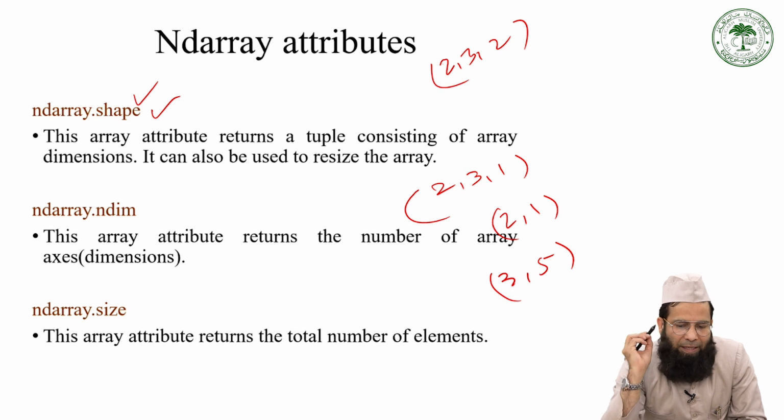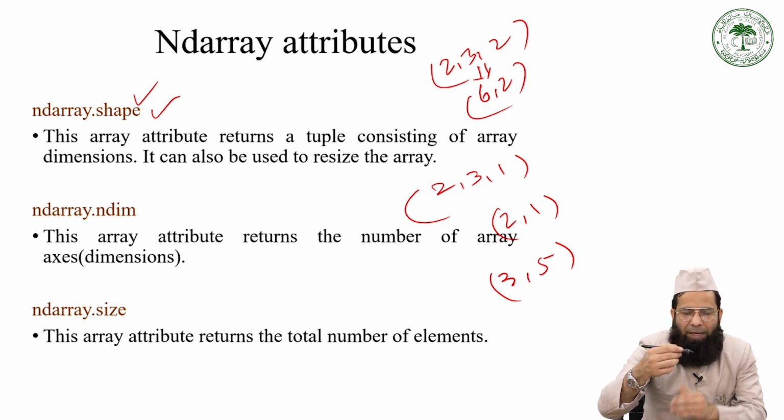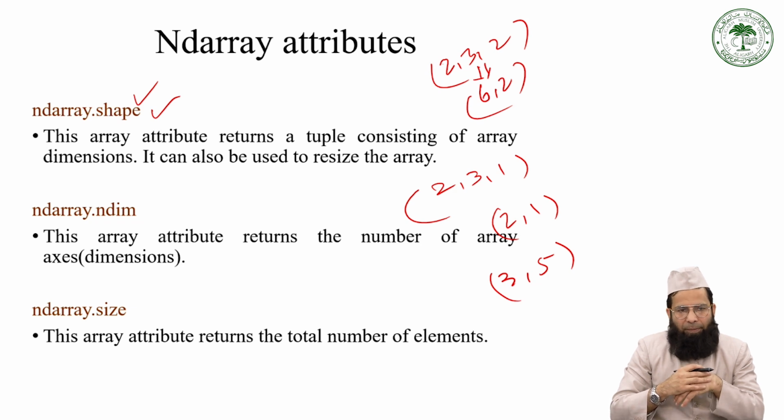Then, using shape, you can modify it to 6, 2, because the number of elements will be the same in both arrays. So we can modify the shape of the array.